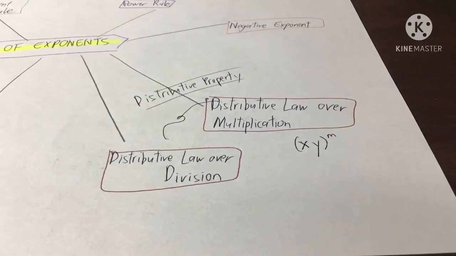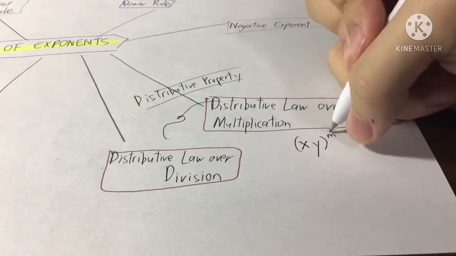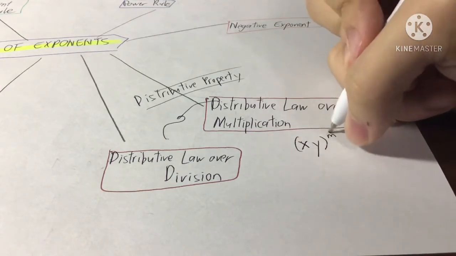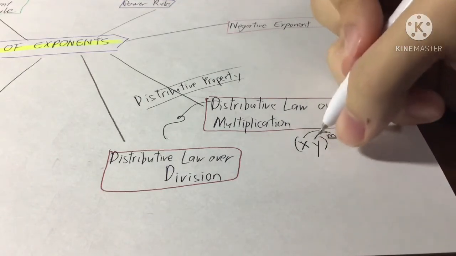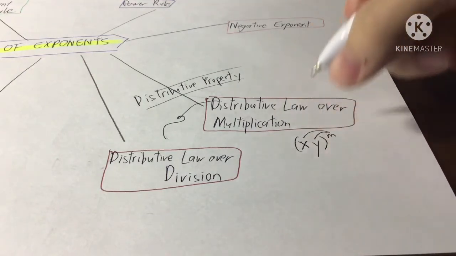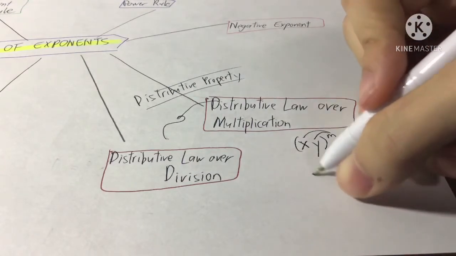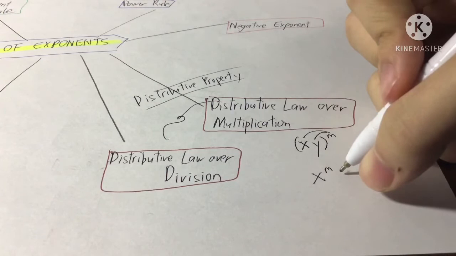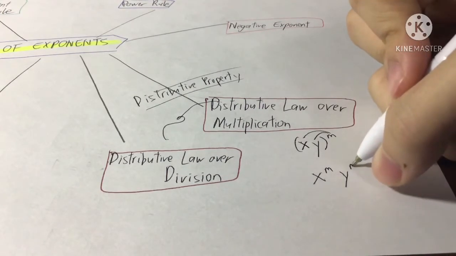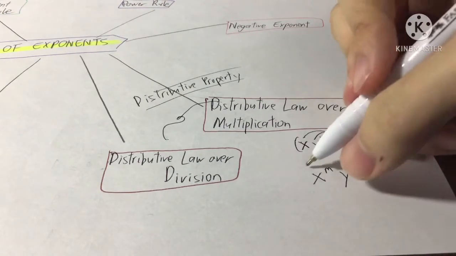Just to recall, in this case, we distribute the exponent to the bases of this expression. So it will be equal to x raised to m times y raised to m. So this is our final answer.